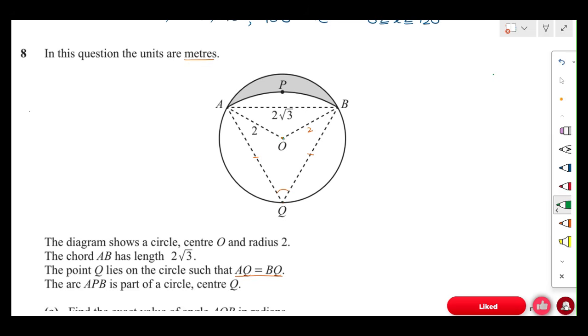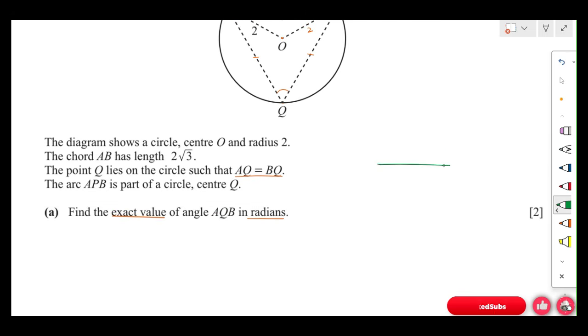So consider triangle AOB and figure out this angle. If I draw this triangle, O is over here, with A and B. OA and OB are radius 2, and here we have 2 root 3.